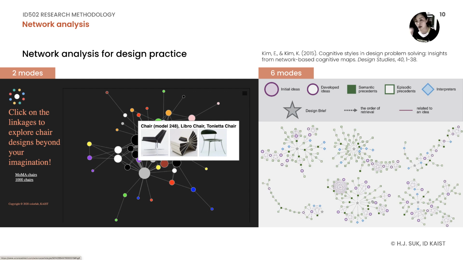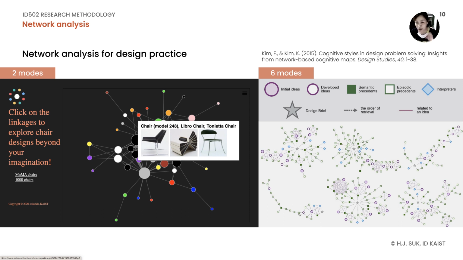And this one is another very interesting research paper written by Dr. Kim Eun-jin. In this paper, there were 6 node groups, 6 kinds of nodes. And she tried to figure out how designers develop their design ideas. Based on their education background or attitudes, designers can have different mental types of developing their ideas.